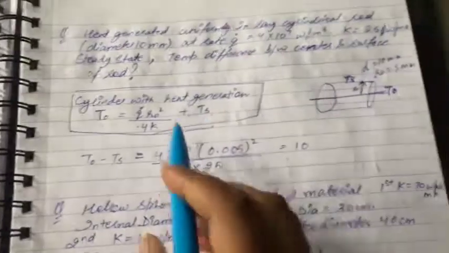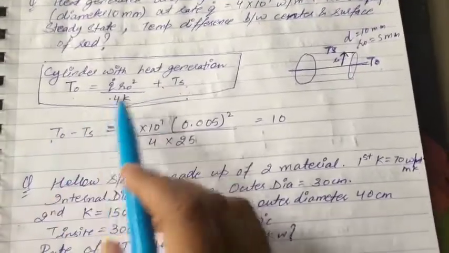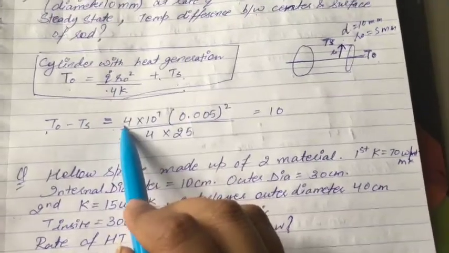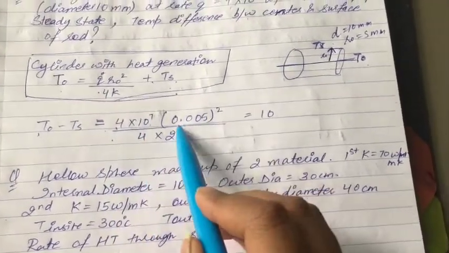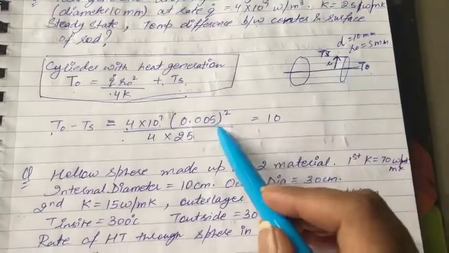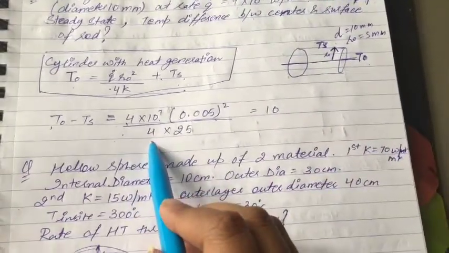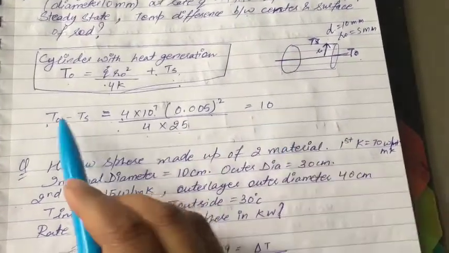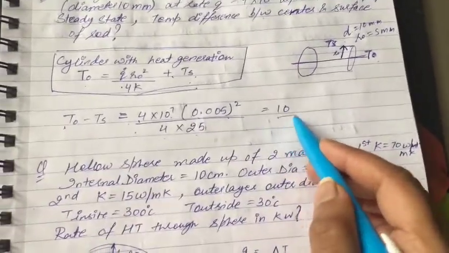So we have to find T0 minus Ts, which will be equal to Q0, that is 4 into 10 to the power 7, into radius square, with millimeter converted into meter, upon 4 into K, which is given to us. Then T0 minus Ts would be 10.